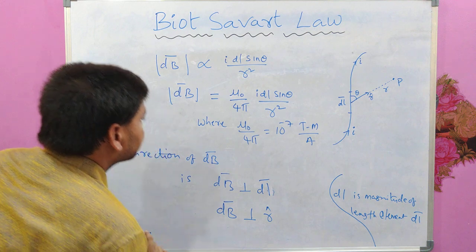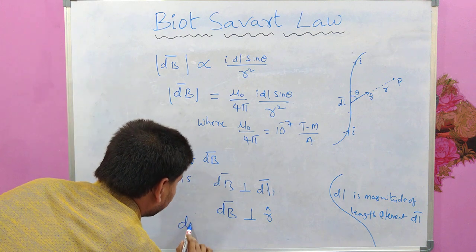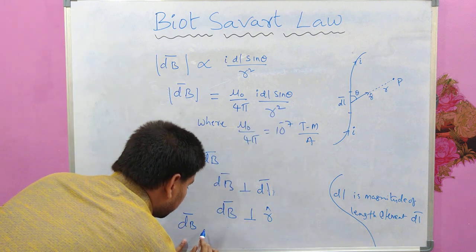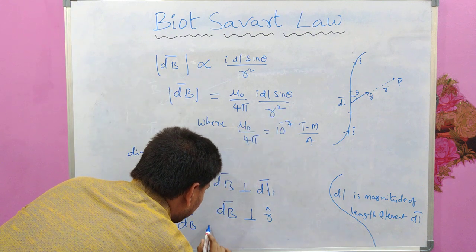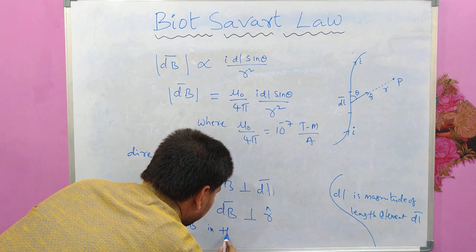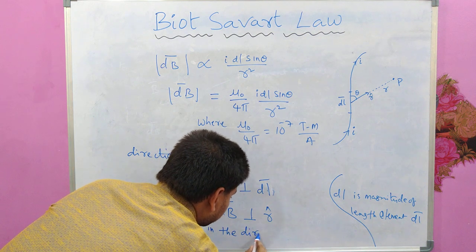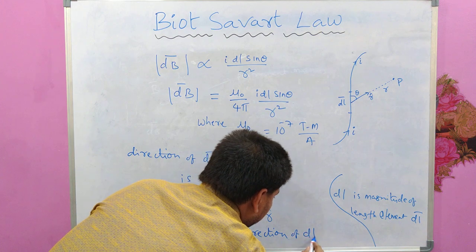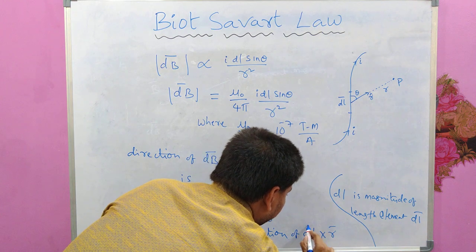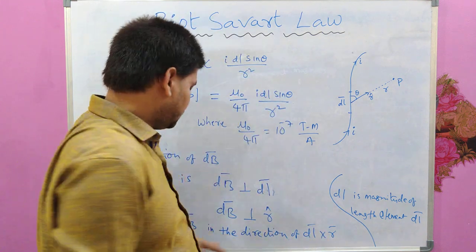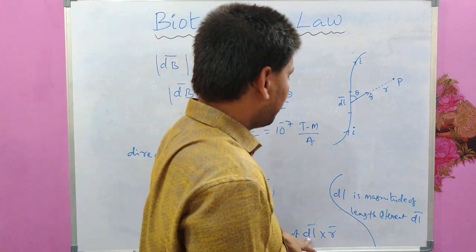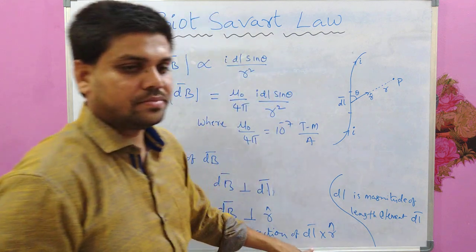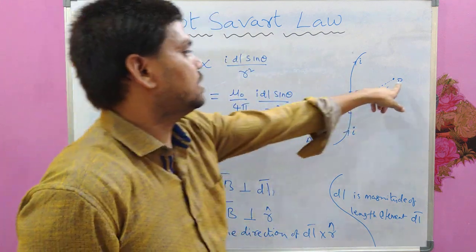So this is why we say that dB, the direction, is in the direction of dl bar cross r cap, the direction at this point.